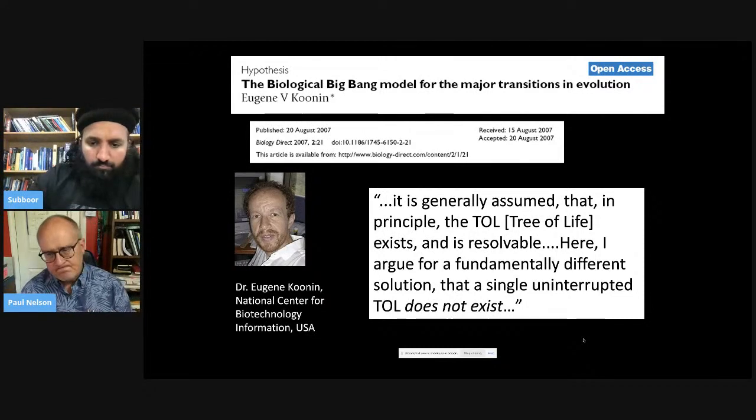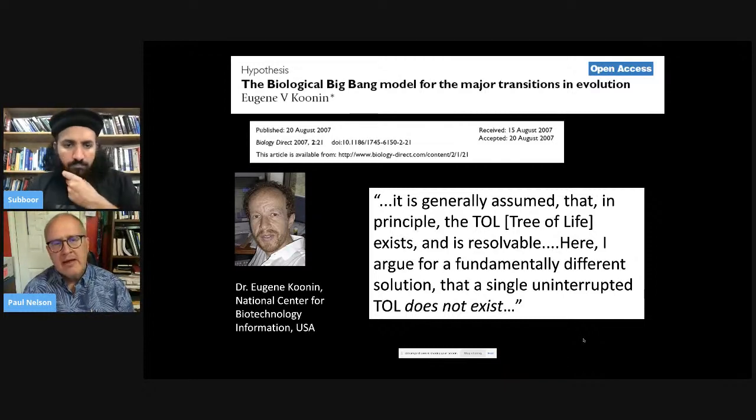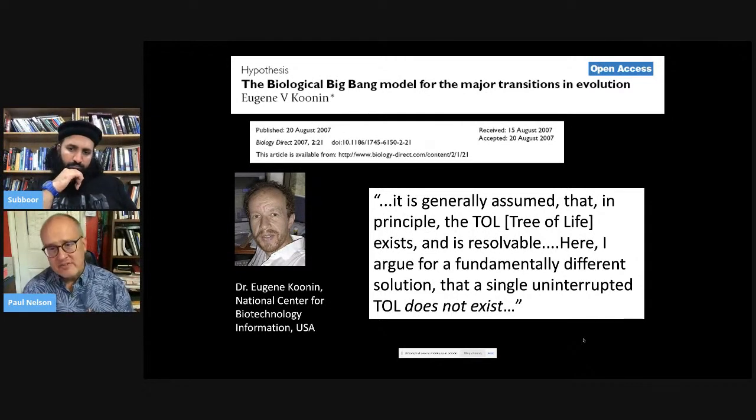Eugene Koonin runs a very productive lab at the NCBI. And in 2007, in a major paper called The Biological Big Bang Model for the Major Transitions in Evolution, he said, the tree of life does not exist. So he bailed out of that single tree rooted in LUCA.